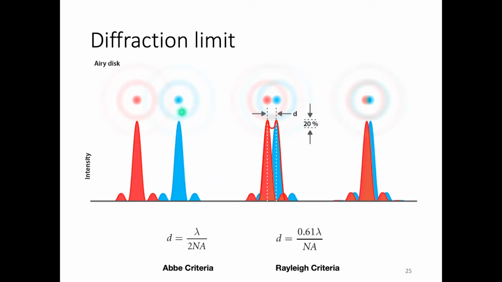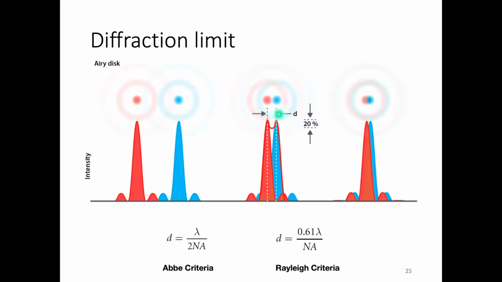So what is limiting the resolution of fluorescence microscopy is that, at some point there's overlap between two dyes. Let's say I have two molecules, usually they're the same color, and they're emitting. It's difficult to separate them if their point spread functions are overlapping.